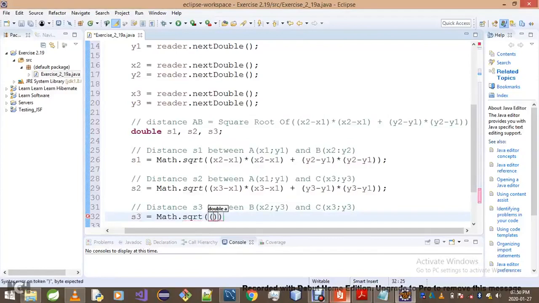Square root of x3 minus x2. However, we want to square that, so I'll simply go x3 minus x2 again. Then we simply add that.